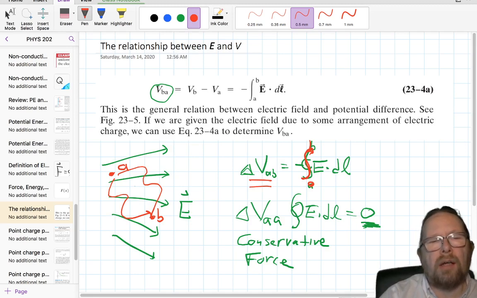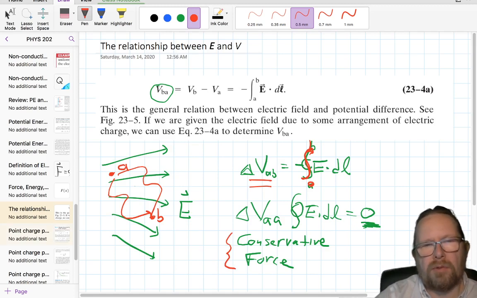So the work done in going from point A to point B cannot depend on the path taken. Again, that is one of the things that distinguishes conservative forces from non-conservative forces.